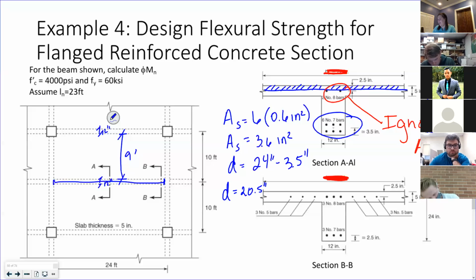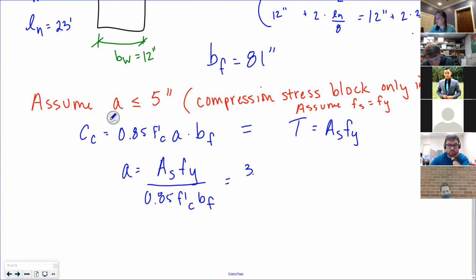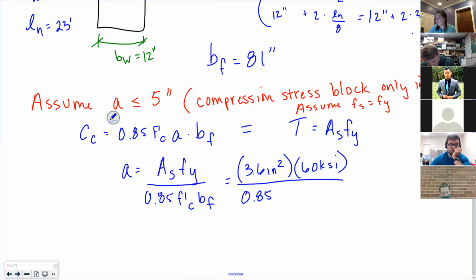Probably should have written that at the beginning. So let's see, I've got 3.6 inches squared, 60 ksi steel, and this is 4 ksi concrete. And my beam flange width is 81 inches.